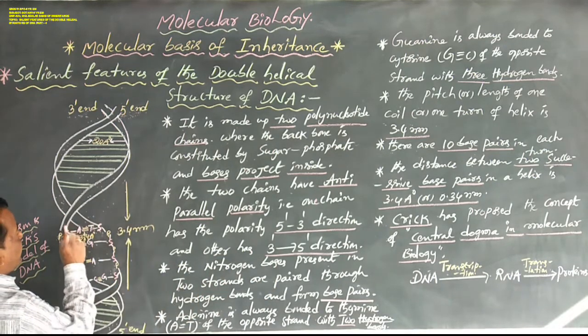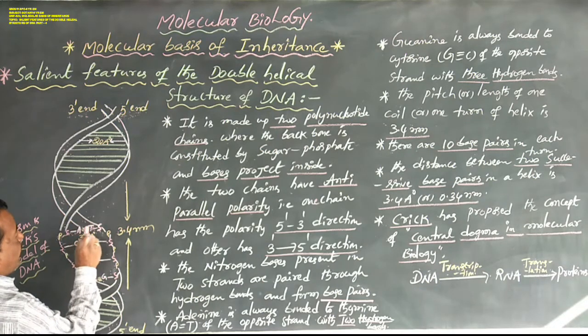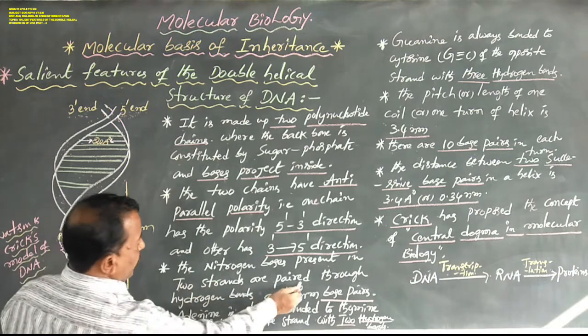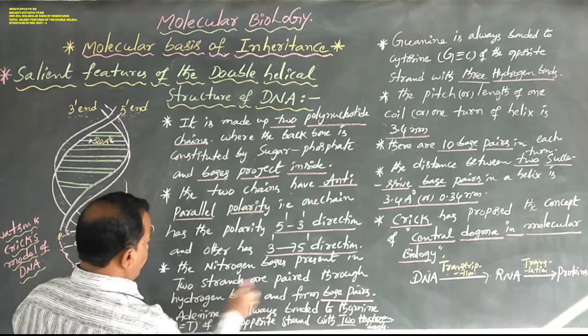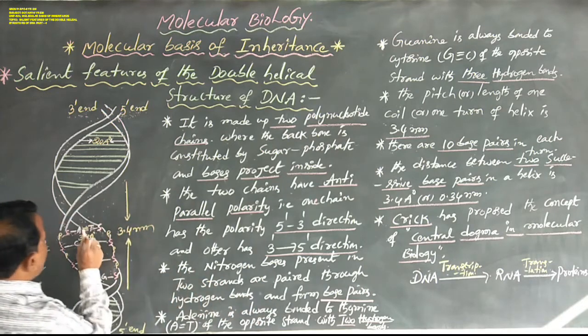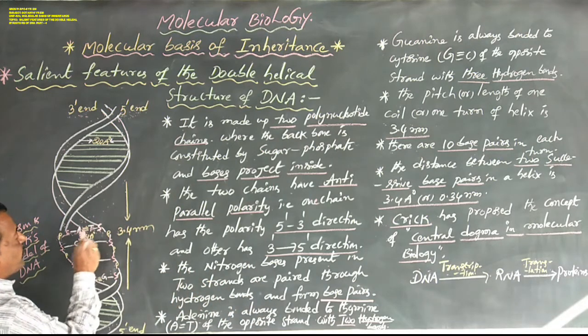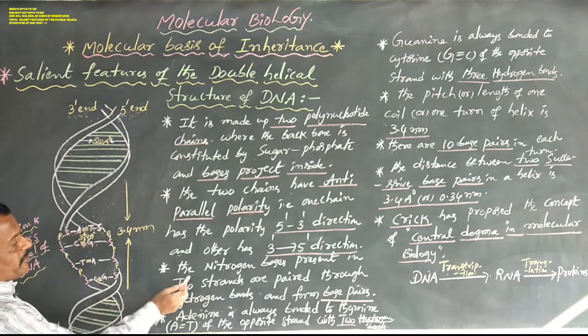The nitrogen bases are present in the two polynucleotide chains, and through hydrogen bonds they form nitrogen base pairs.